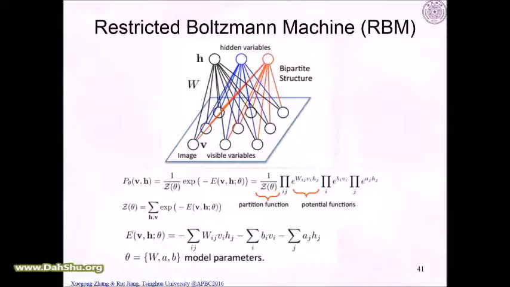It's about the joint distribution of the nodes of two layers. Each node is a variable, right? The input nodes are the visible variables, and we have the hidden variables. They have a joint distribution.